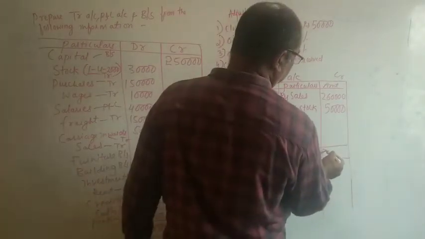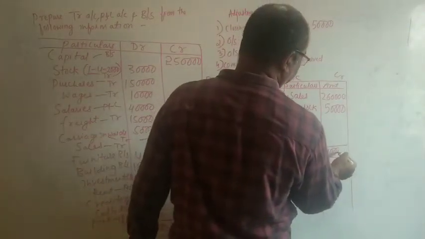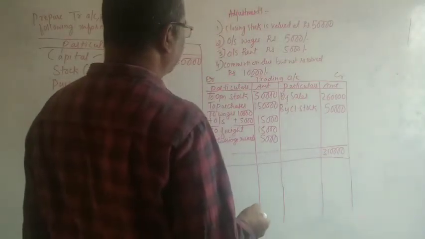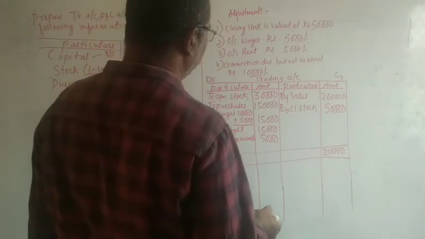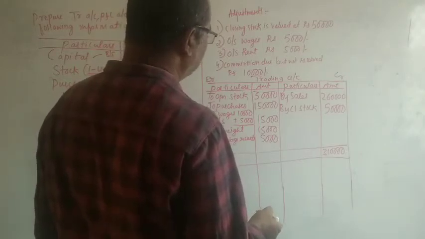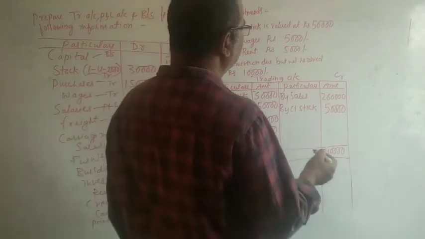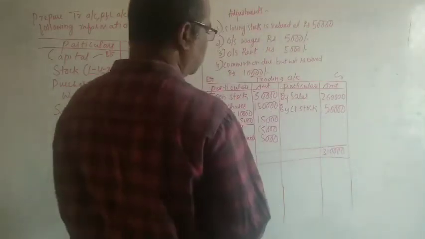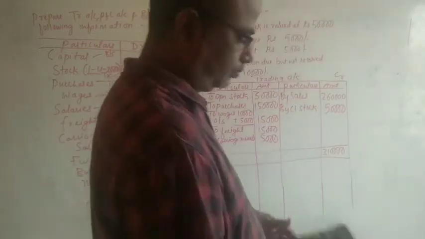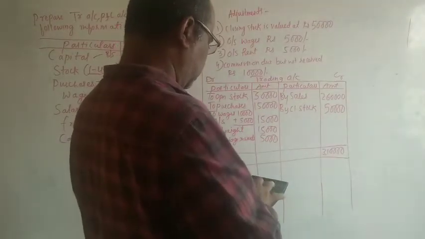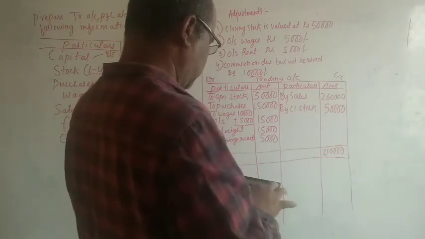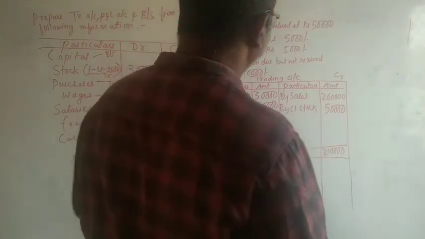So 3,10,000 is the total of the credit side. On the debit side, 30,000 plus 1,50,000 is 1,80,000, plus 30,000 is 2,10,000, plus 5,000 is 2,15,000. So 3,10,000 minus 2,15,000 is 95,000.